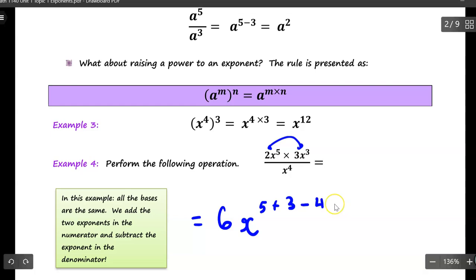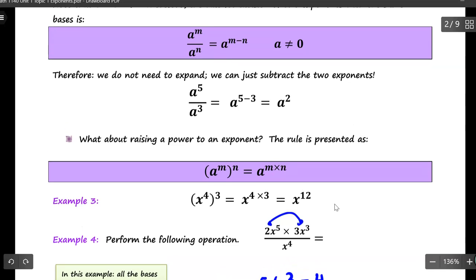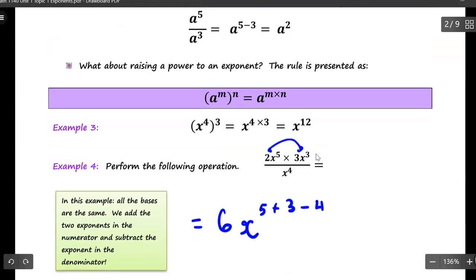If I have the same base and the 2 powers divide into one another, take the top exponent for the numerator, subtract the exponent of the denominator. So after I add the 2, I subtract the 4. You just perform the operation on the exponents. 5 plus 3 is 8, and 8 subtract 4 is equal to 4.